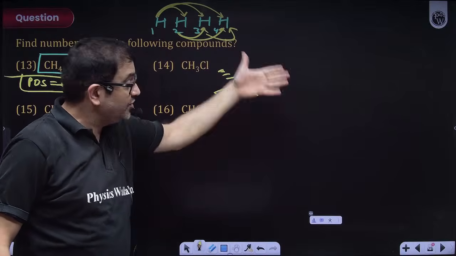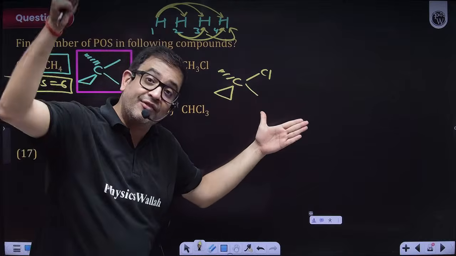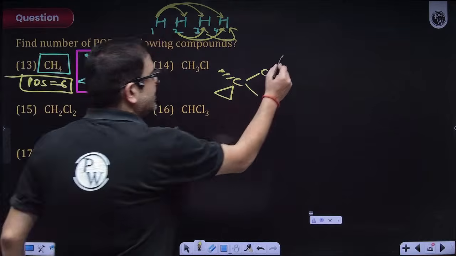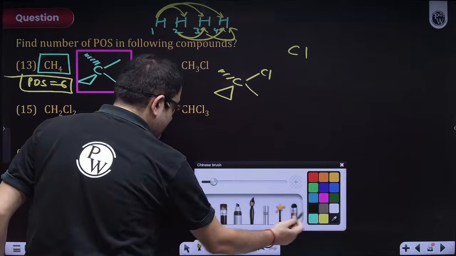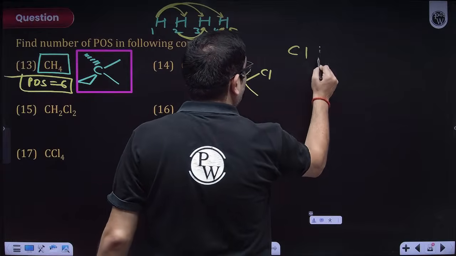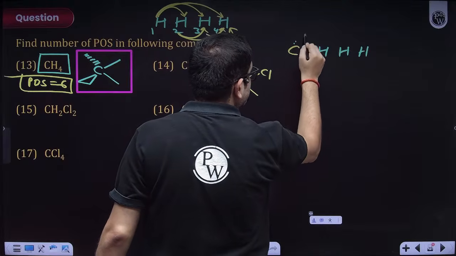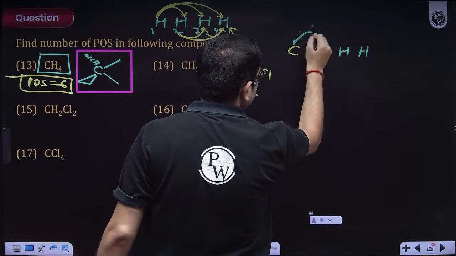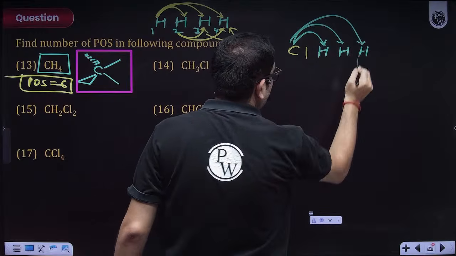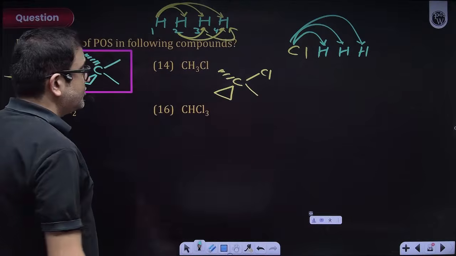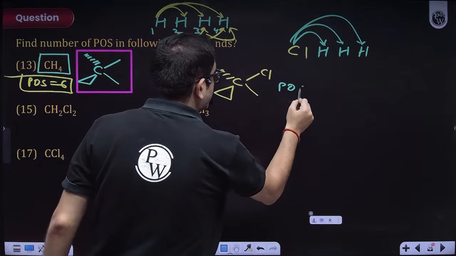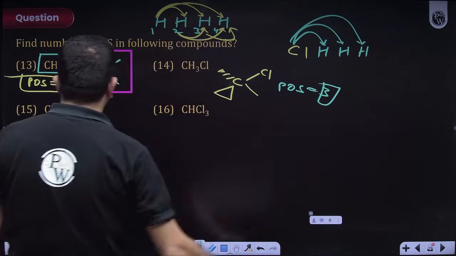So you have to cut along the plane which definitely has Cl. So Cl is fixed, and you can just choose which H. You can choose this hydrogen or that hydrogen, but your plane should definitely have the Cl. So how many planes of symmetry? 3. I hope everybody got it.